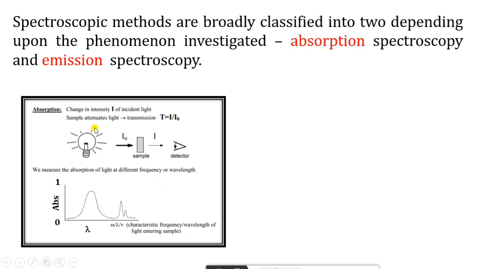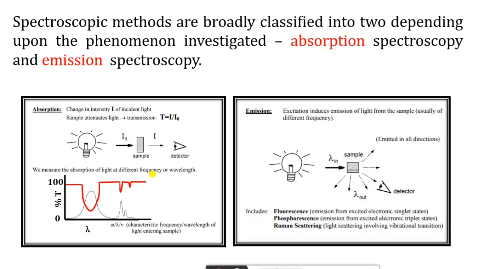You can either measure the amount absorbed or the amount transmitted, meaning the amount of radiation not absorbed by the molecule. You can represent the result in terms of amount absorbed or amount transmitted. The spectrum will be just reverse in shape.